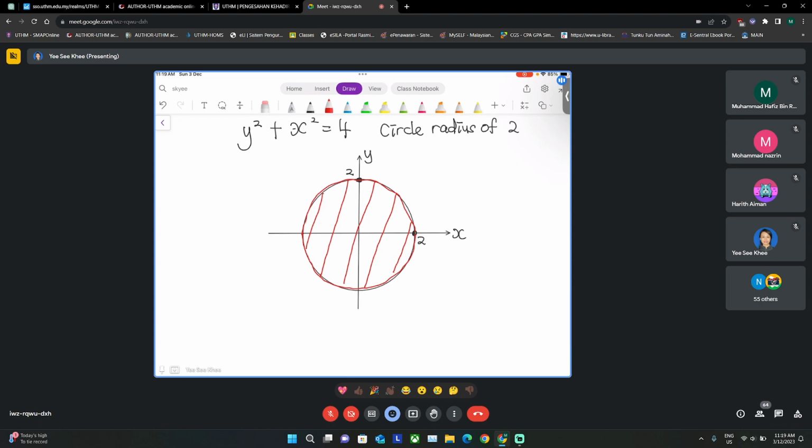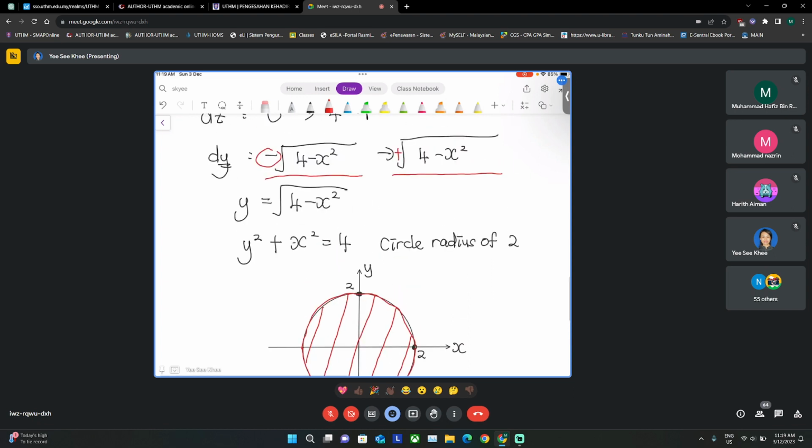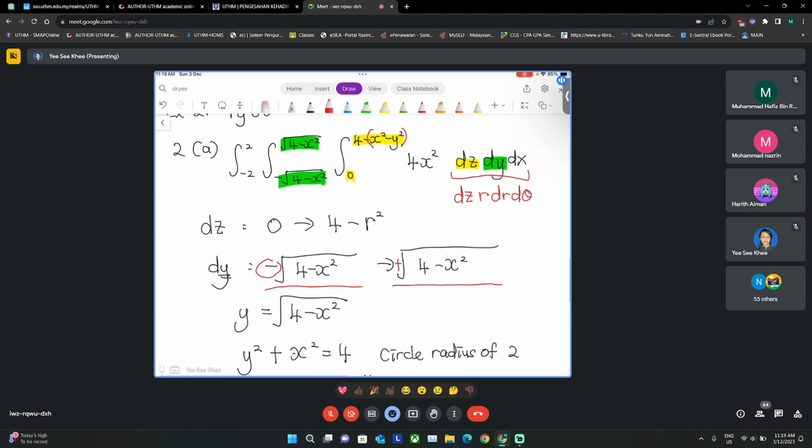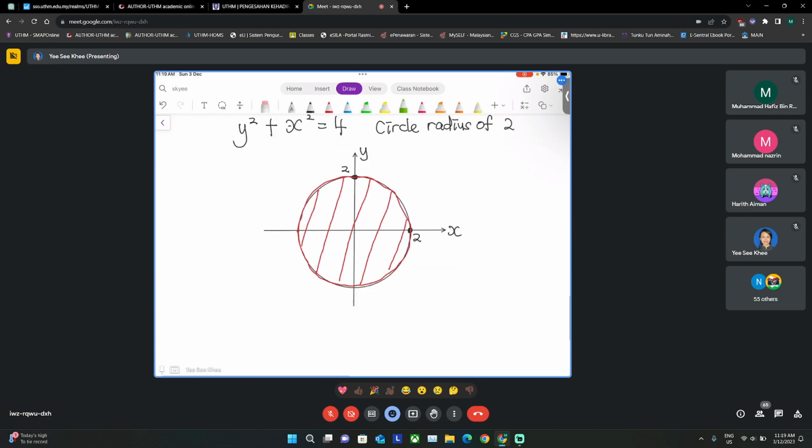We look at the last interval, that is our dx. This is the interval for our dx, from negative 2 to 2.